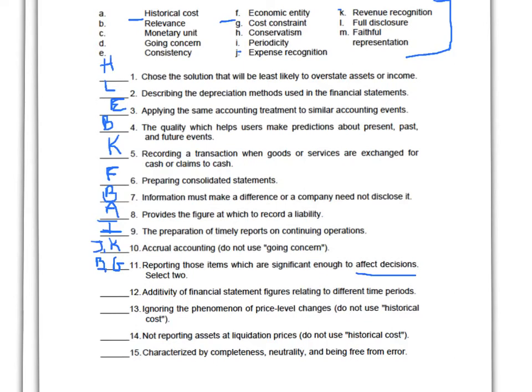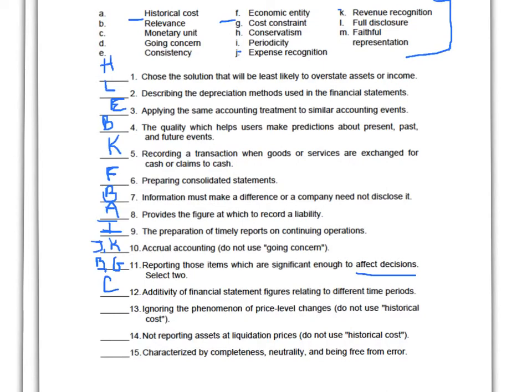Number 12, additivity of financial statement figures relating to different time periods. And here we're talking about the monetary unit. We're assuming dollars are the same, and it doesn't matter whether they're 2010 dollars or 2013 dollars, they're all additive. Ignoring the phenomenon of price level changes, in other words, don't use historical cost.